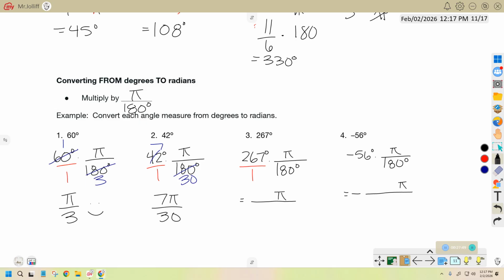Vicky, for number 3, what did you get for your reduced fraction? 89 over 50? 60. Did I do that correctly? Yes, thank you. Sorry. I had a brain fart. Very good. Second one. Do I have a volunteer for the second one? What do we get for our reduced fraction? I have a vote from Luna for 14 over 45.